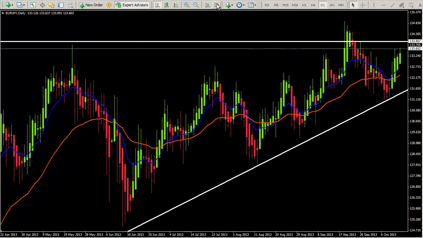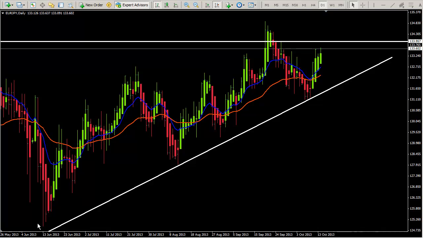What I mean is, it's better to look for long setups if the price hits your support line than looking for shorts. Do you understand the difference? It's because the higher time frame is clearly still pointing up compared to the previous example.